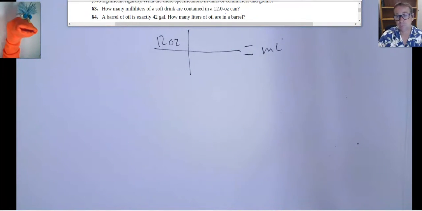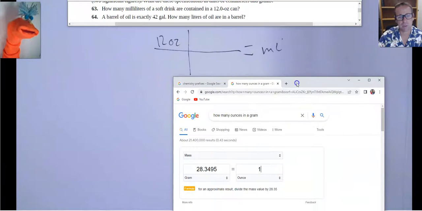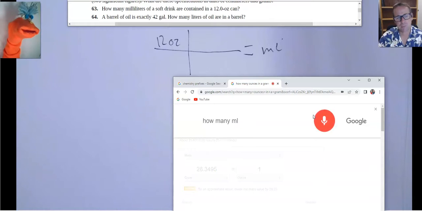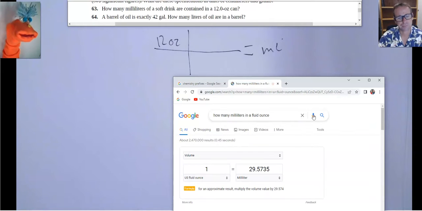Now we call these fluid ounces, right? Talking about fluid ounces now. How many milliliters are there in a fluid ounce? So 1 fluid ounce is equal to 29.574 milliliters.